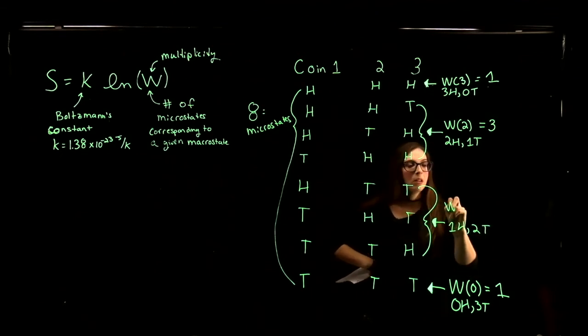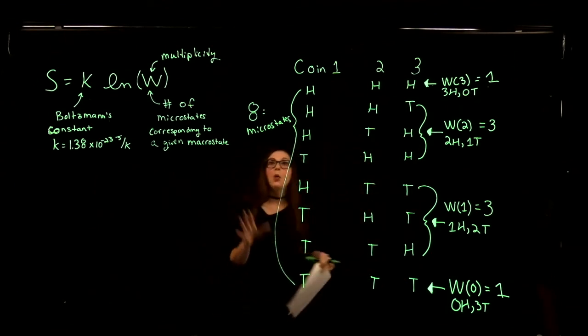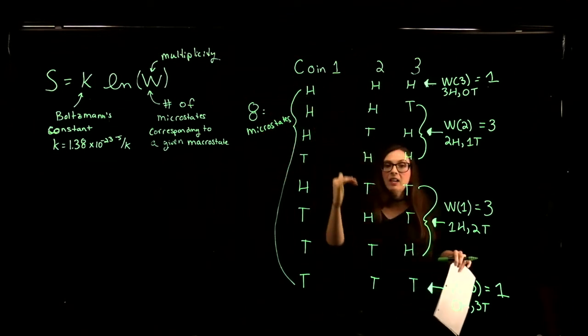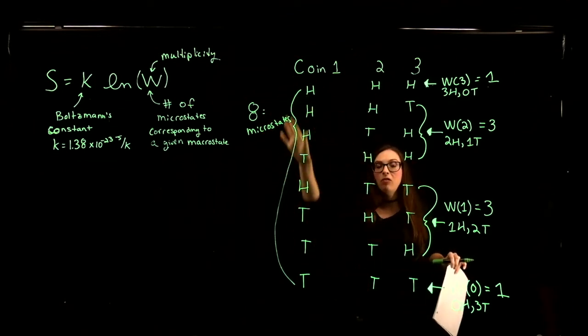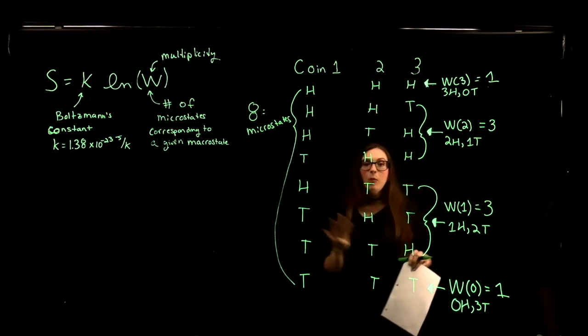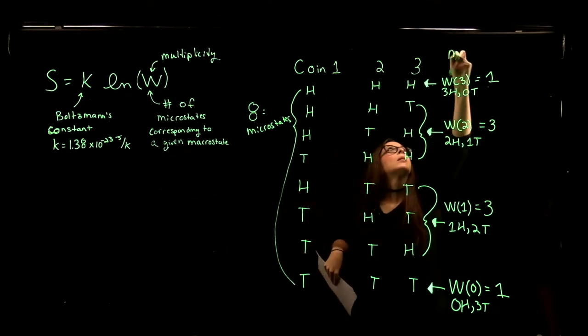And so I'm going to write this as the multiplicity of having 1 head that equals 3, because there's 3 possible ways to get 1 head and 2 tails. Okay, so we've got 8 microstates. That's 8 possible ways that we could flip 3 coins to get either heads or tails. And then we have 4 macrostates.